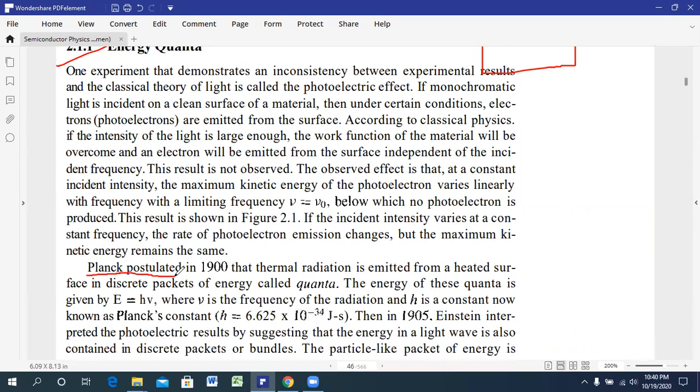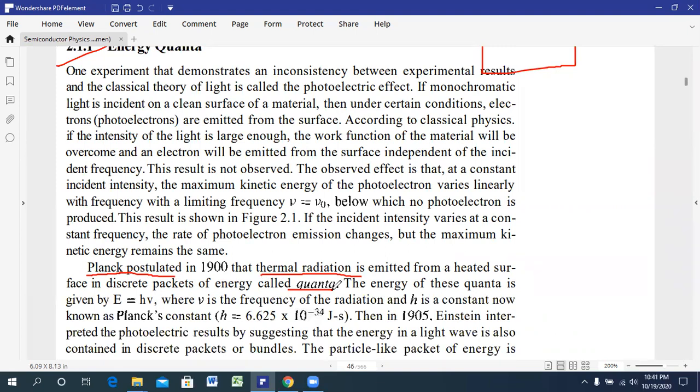Planck's postulates, in 1900, state that thermal radiation emitted from a heated surface is in discrete packets of energy, and this packet of energy is known as quanta.